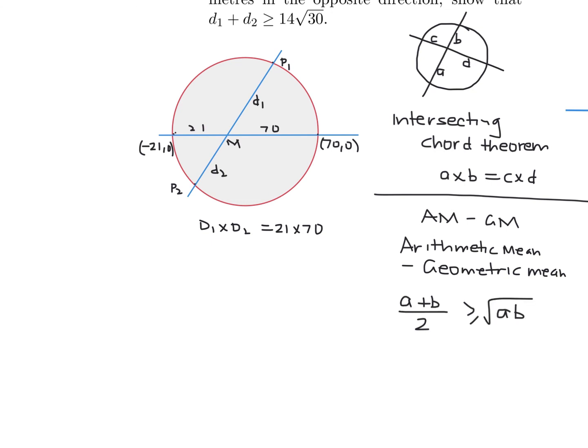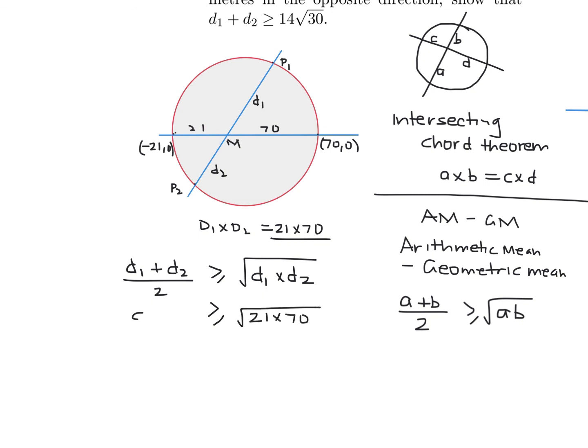So in our case, we're going to apply this AM-GM to d1 and d2. So it essentially would be that d1 plus d2 over 2 is greater than or equal to the square root of d1 times d2. Well, d1 times d2 we just got up here. It's 21 times 70. And so we substitute that in there.